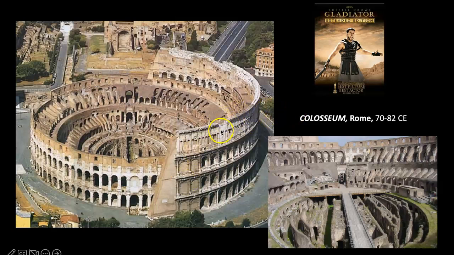Outside, you can see that it's made up of 4 elevations or bands that run around the majority of its circumference.